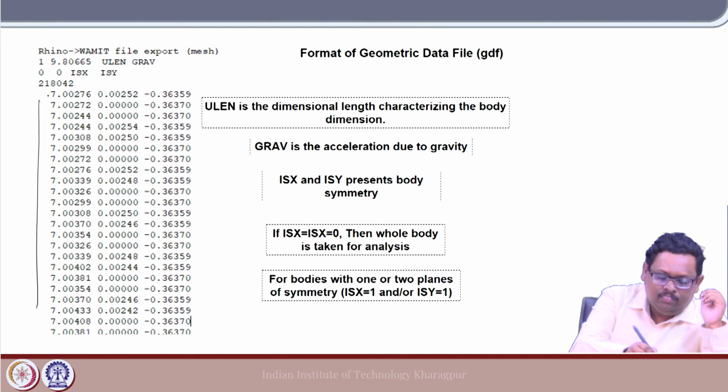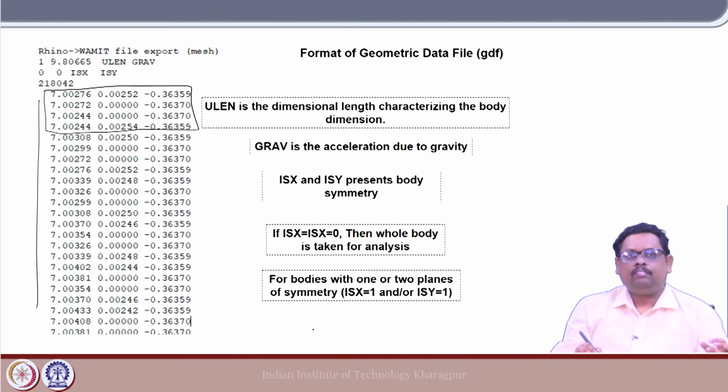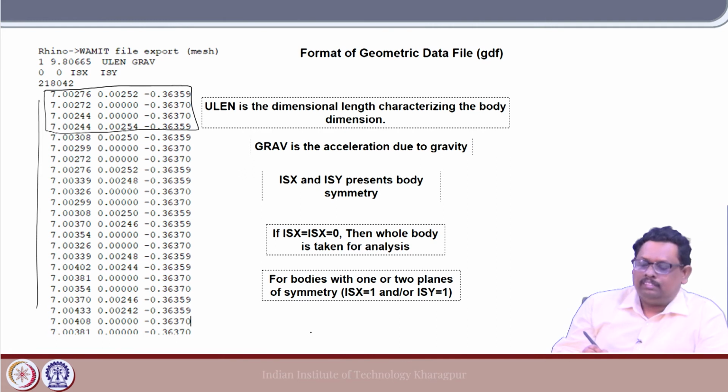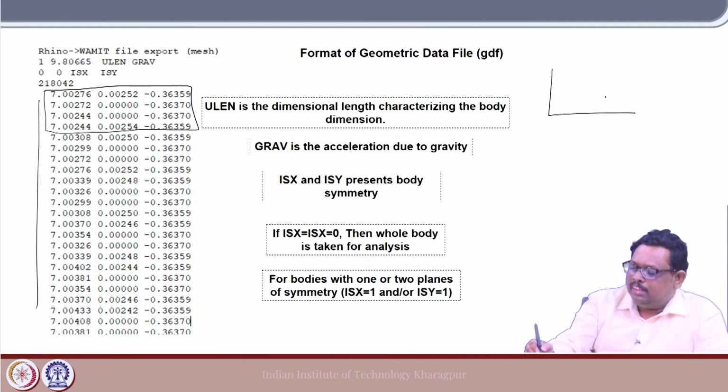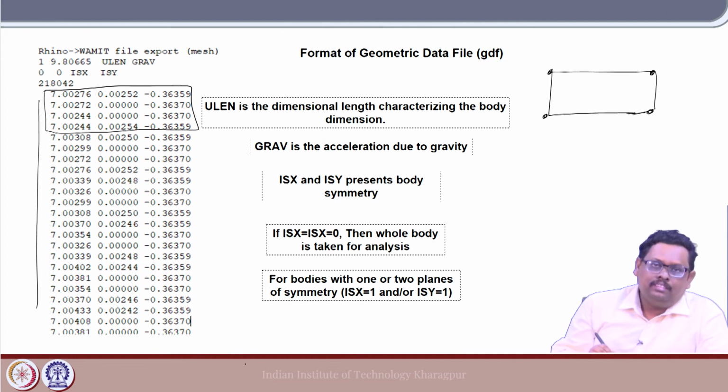If you look carefully, this first 4 actually defines the first panel. So, if it is a quadrilateral panel, in that case you have to use the 4 corners. That is how you have to give the input.